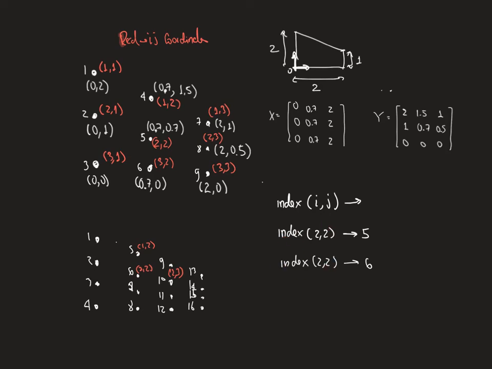We have to build an index function that depends on the size of the matrix, on the number of nodes in X and the number of nodes in Y. Then when you consider the stencil, imagine you have a system called T, and you are standing at the node P, and the node P is 2.